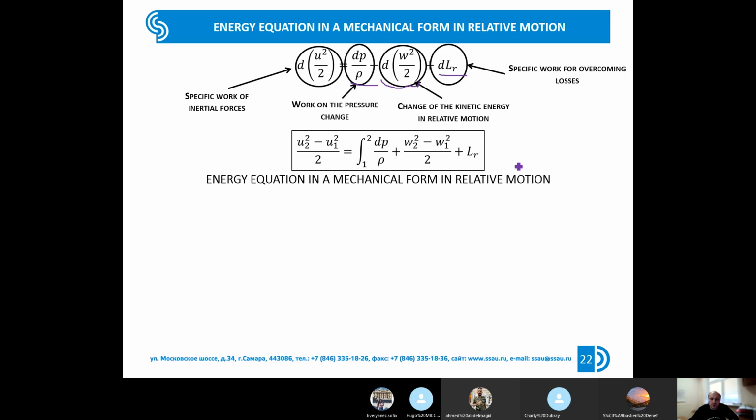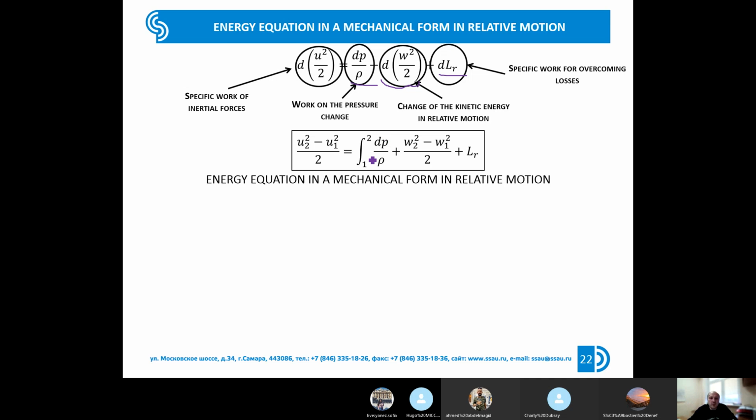Let's write this equation for the compressor. How will we write it? Very easy. You see that we have the term which describes the pressure change in the compressor.